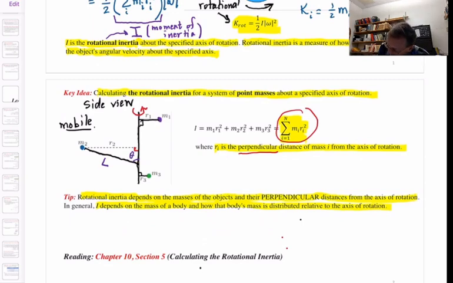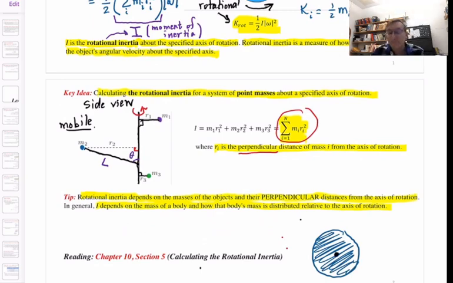Let me draw that again. Top view. Okay, and fill it in. It's a solid disk with an axis of rotation there through its center. And it's rotating with some angular velocity about that axis.